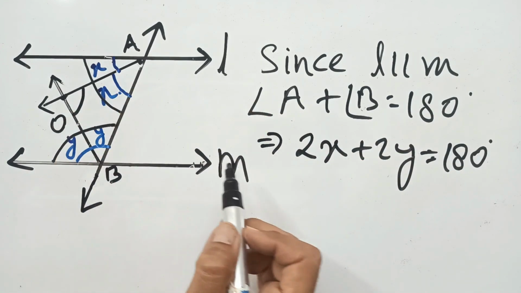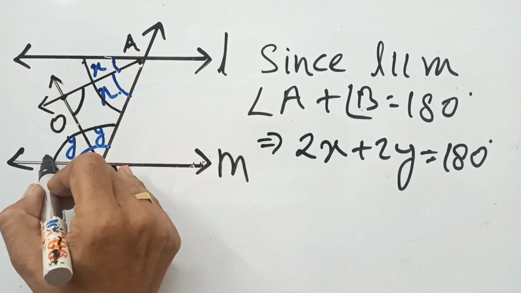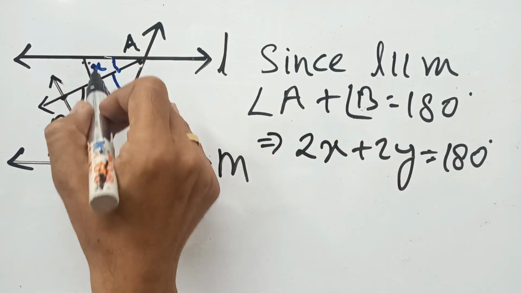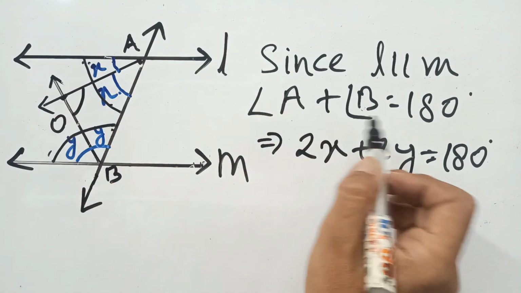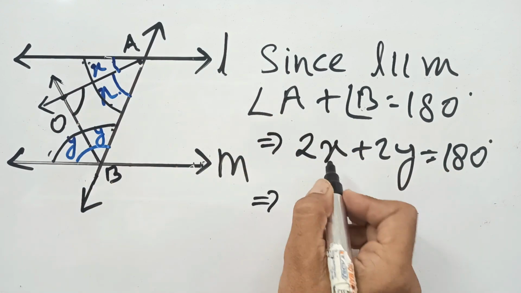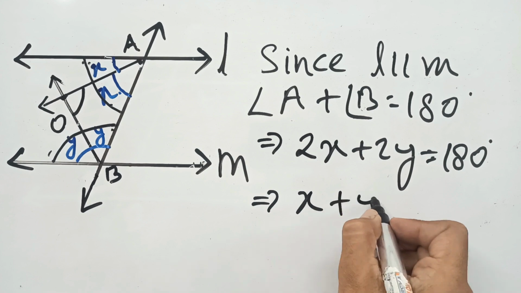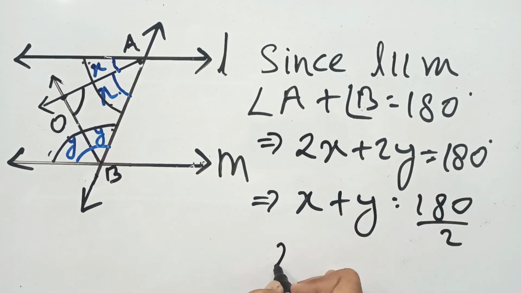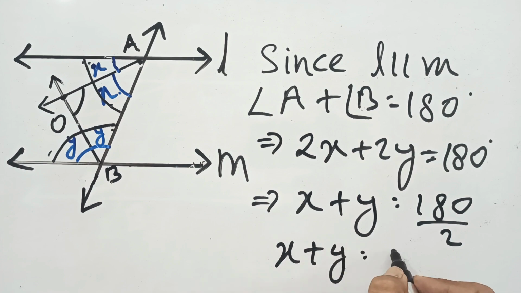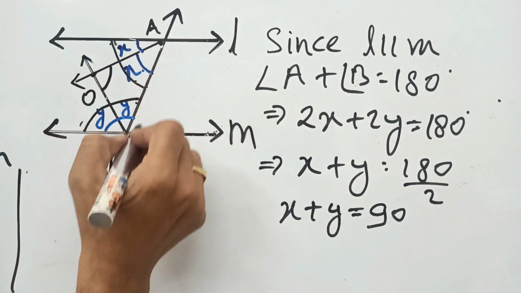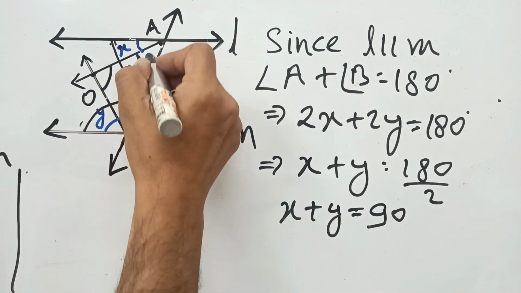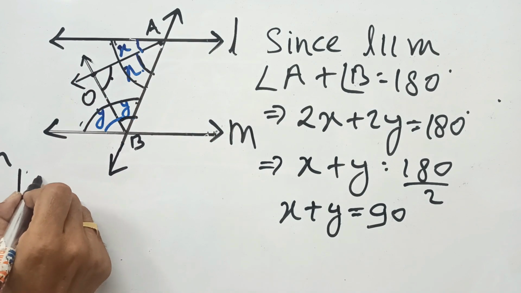Lines L and M are parallel to each other, so the sum of the co-interior opposite angles A plus B is equal to 180. A means x plus x, 2x, B means y plus y, 2y. So 2 will be here, x plus y is equal to 180 upon 2. So x plus y is 90 degrees. Now in triangle AOB, angle x plus angle y plus AOB is 180.